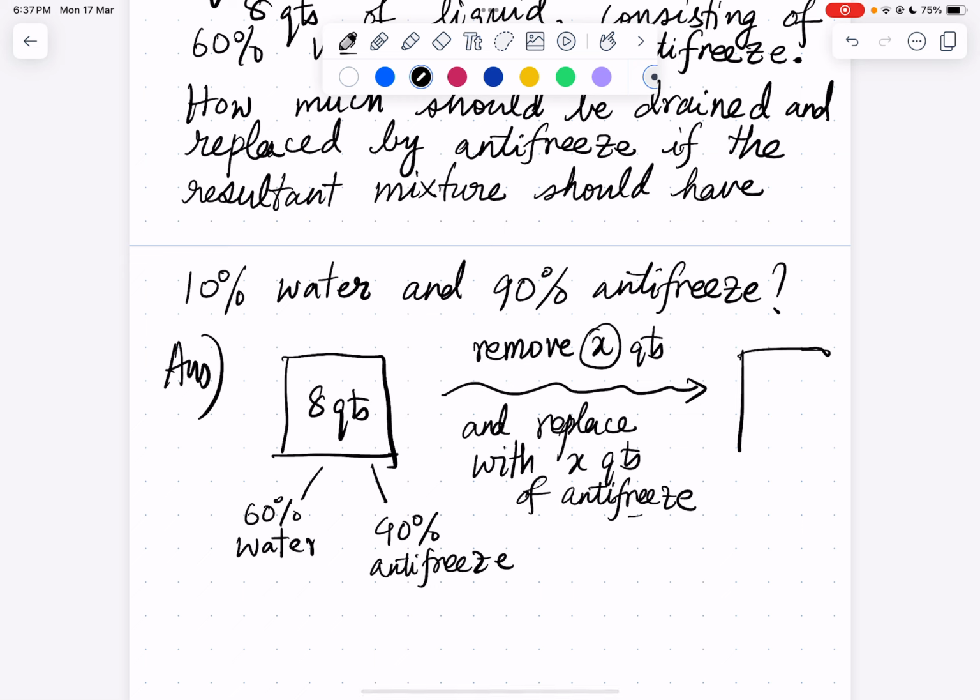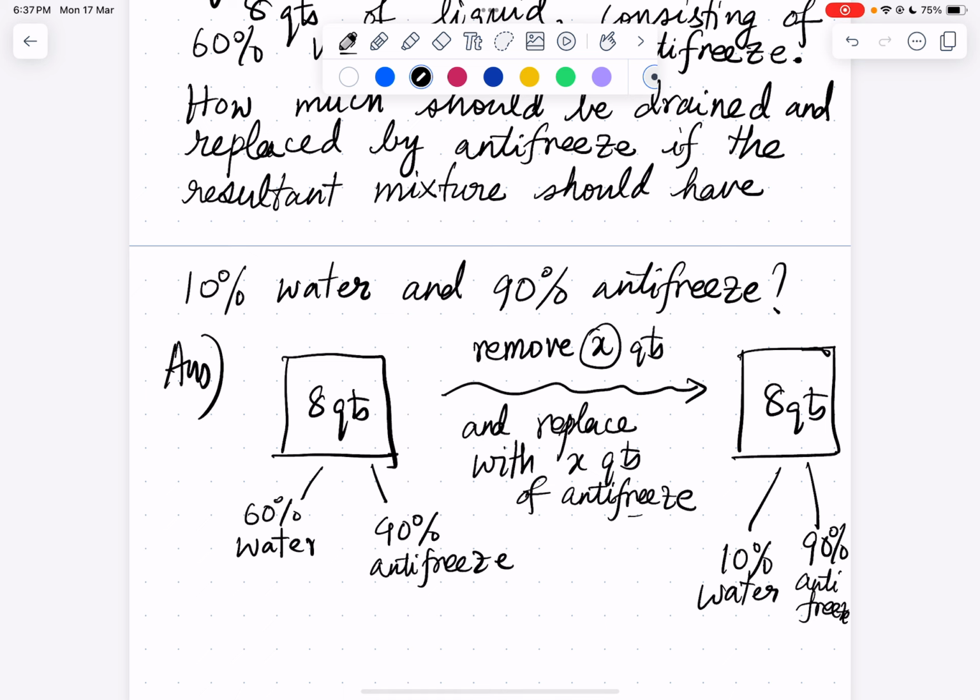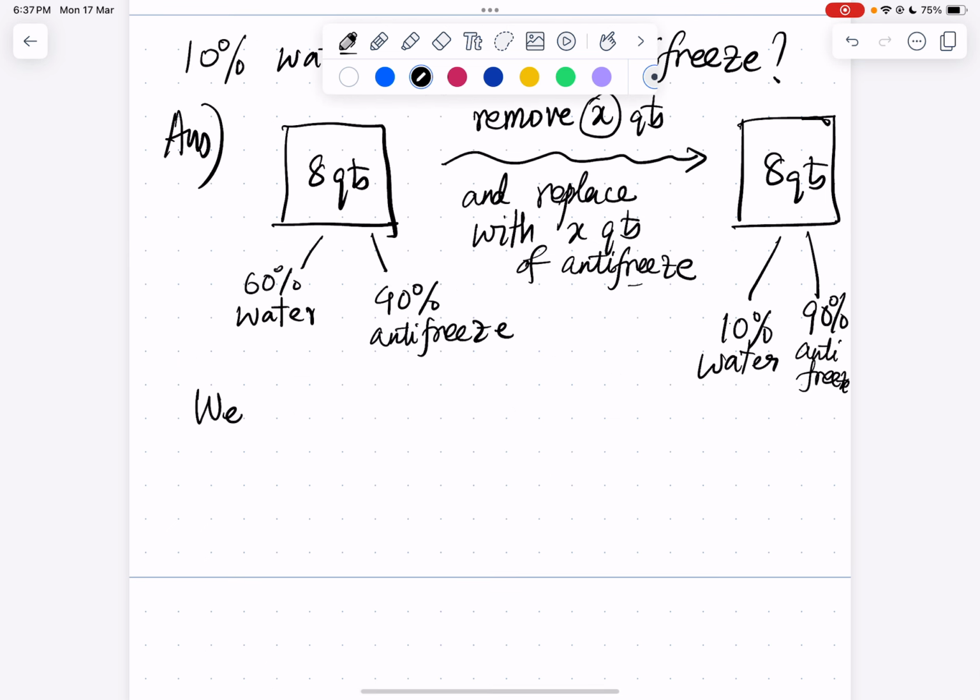And we'll again get 8 quarts of liquid, but we want the final composition to be 10% water and 90% antifreeze. We want X such that the above picture holds.